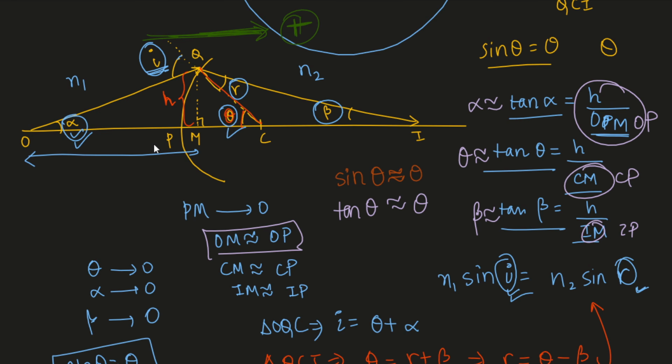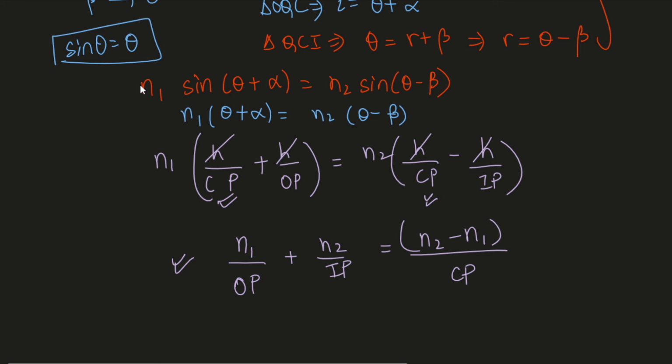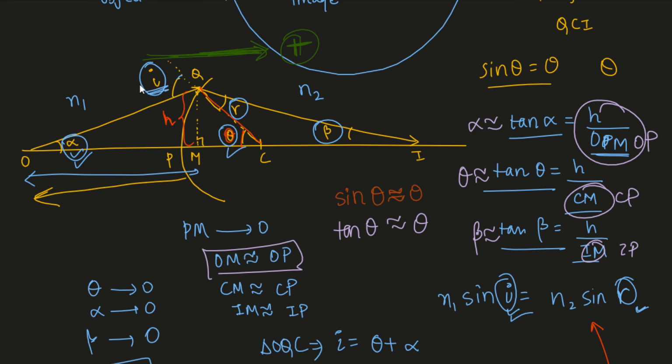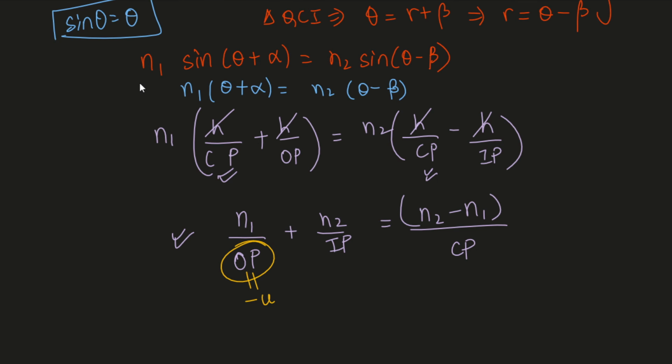So if that is the case, then the distance OP, the object distance, well, that is measured opposite to this sign convention, so it has to be made equal to minus u. So OP is equal to negative of u.